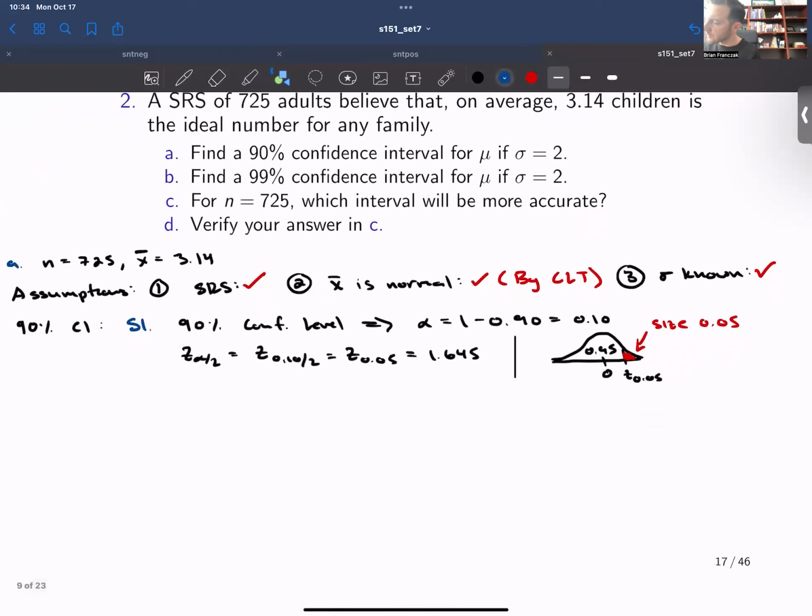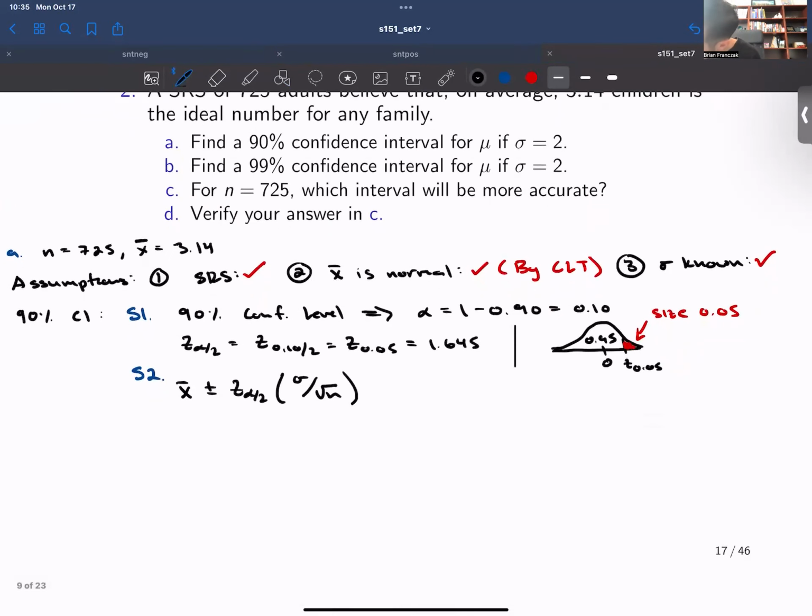Now we can compute the confidence interval. We have x bar plus or minus z alpha over 2 multiplied by sigma divided by the square root of n. So this is 3.14 plus or minus 1.645 multiplied by 2 divided by the square root of 725.